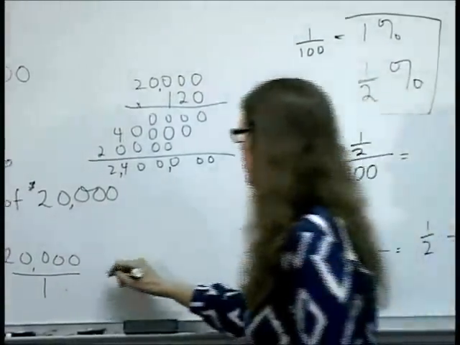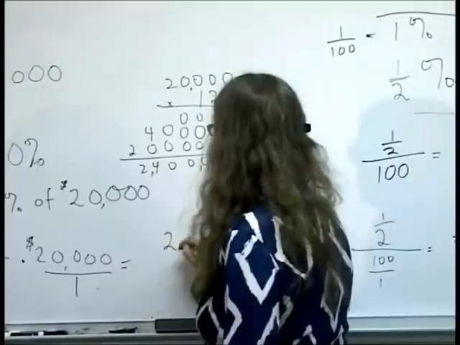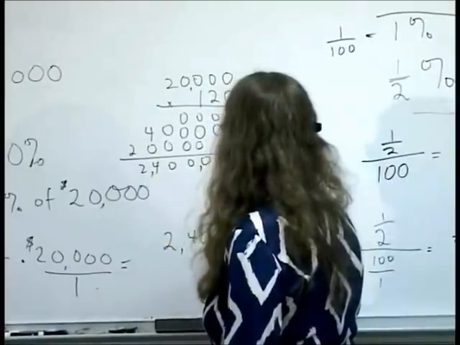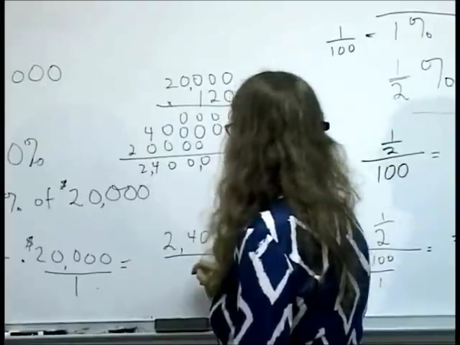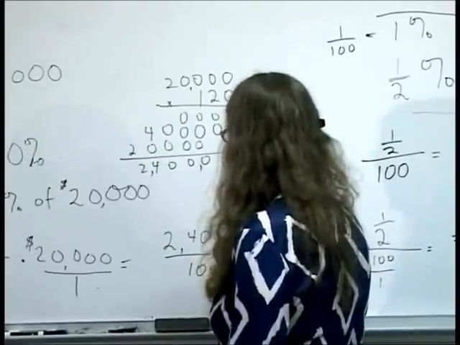2,400,000. So this is equal to 2,400,000. And I'm dividing it by 100 times 1, which is 100.